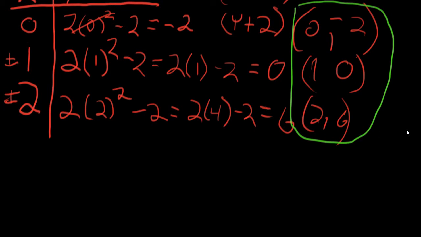So those are my points. So here's my graph. So 1, 2, 3, because I went down to -2. 1, 2, 3, 5, 6.